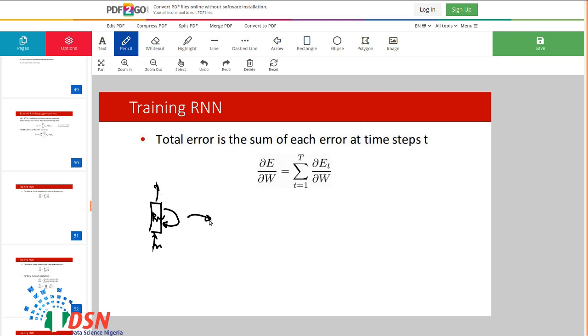If we unravel or unfold this RNN through time, we have something like this: x0, the initial state, the output, and so on.